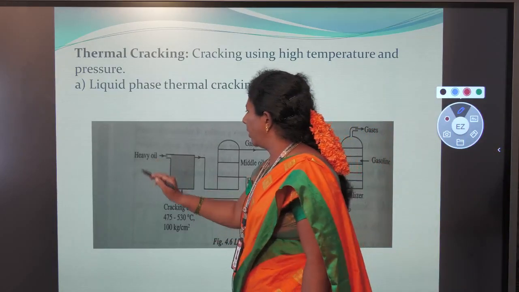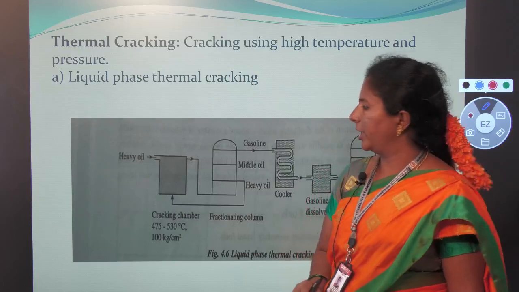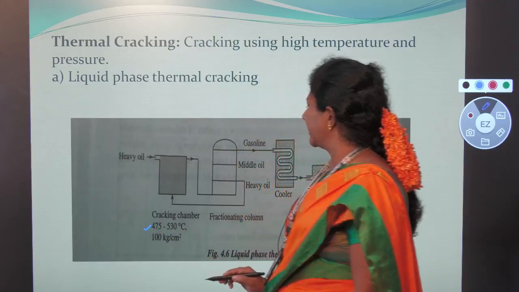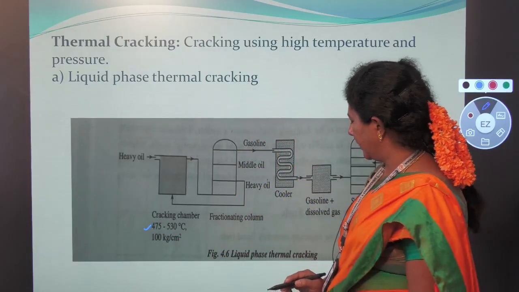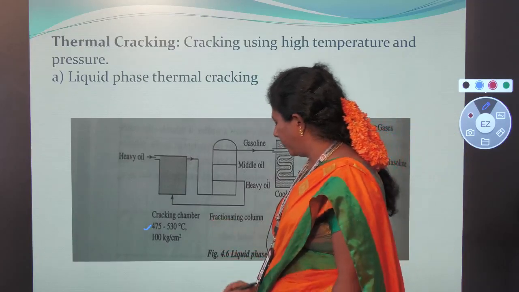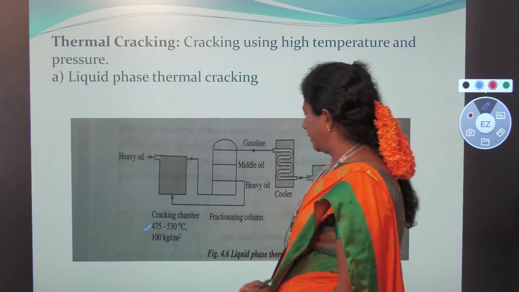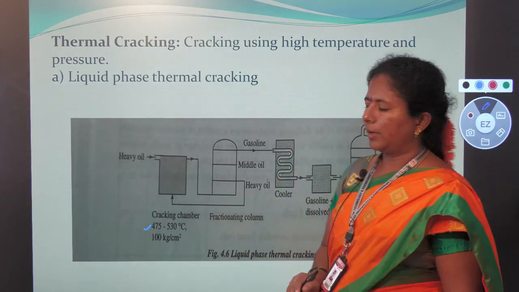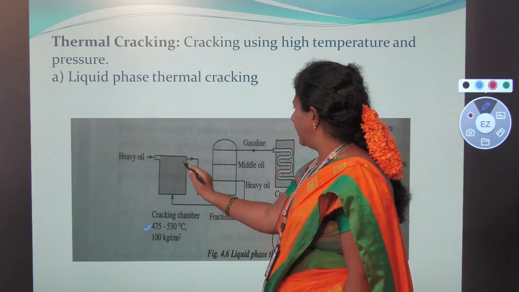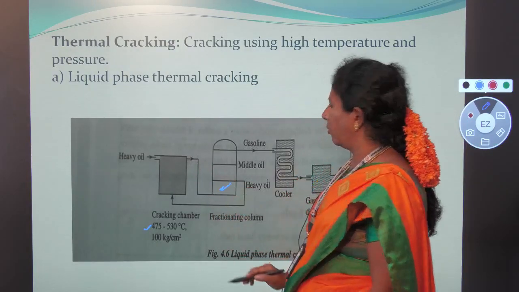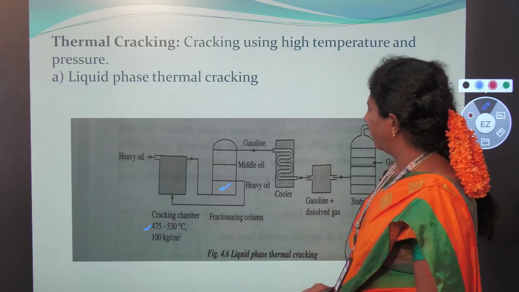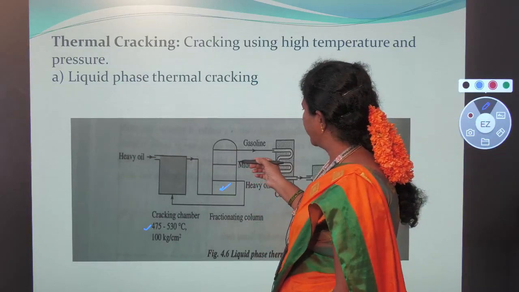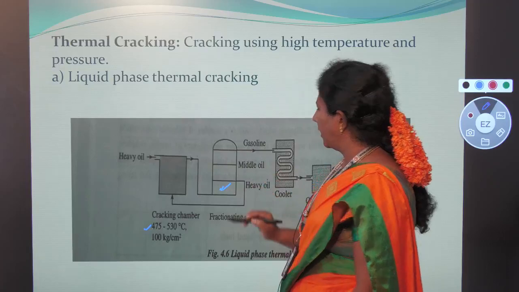Here the heavy oil obtained from refining of petroleum is heated to a temperature of 475 to 530 degrees centigrade under a pressure of 100 kg per centimeter square. The cracking takes place, and the cracked products are passed into the fractionating column, where fractions are separated depending on their boiling points. The fractions we get are gasoline, middle oil and heavy oil.